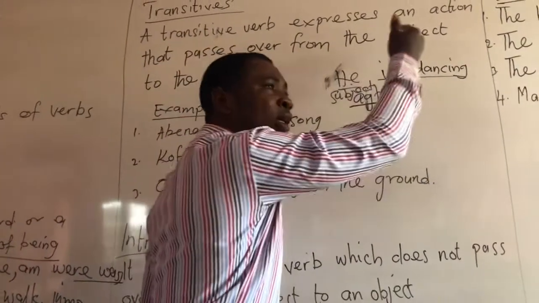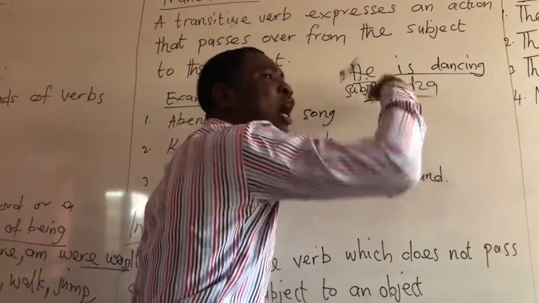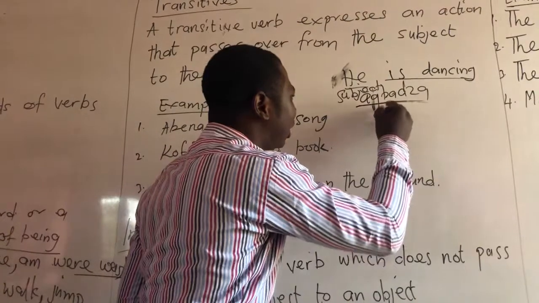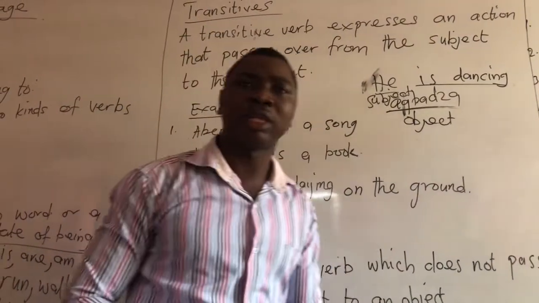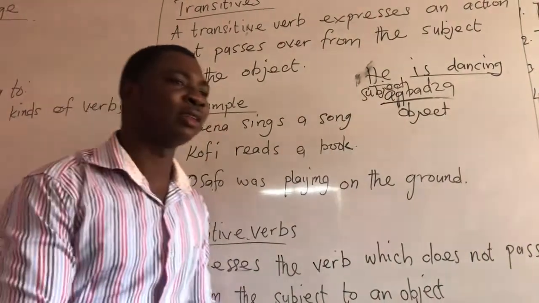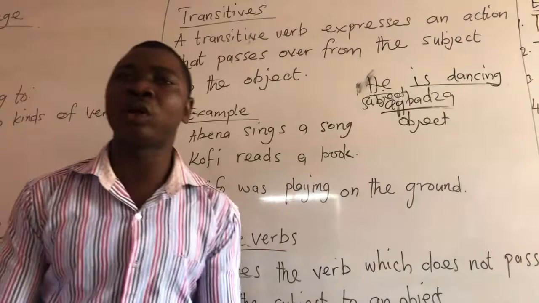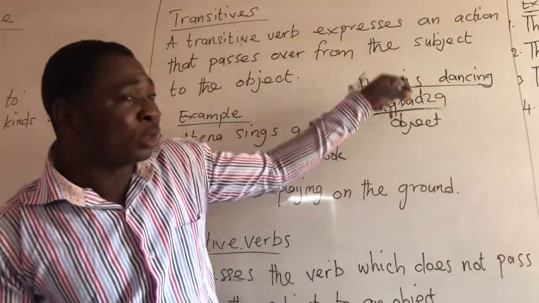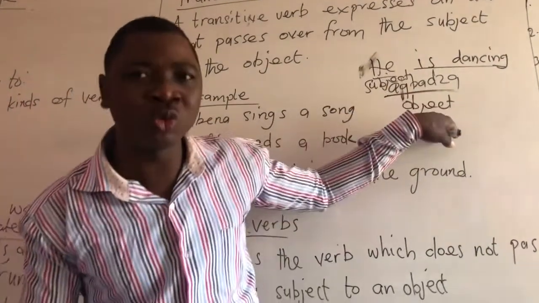Someone is doing the action, and the action is happening to something, and that thing is the object. The one performing the action is the subject, and what the action is happening to becomes the object.